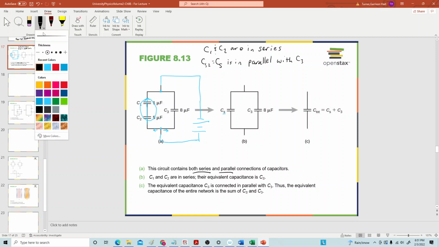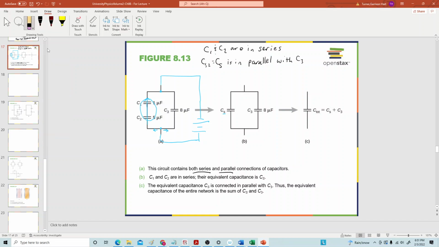So remember, when capacitors are in series, we add them with the reciprocal rule. And so the CS designation is going to equal C1 times C2 over C1 plus C2.